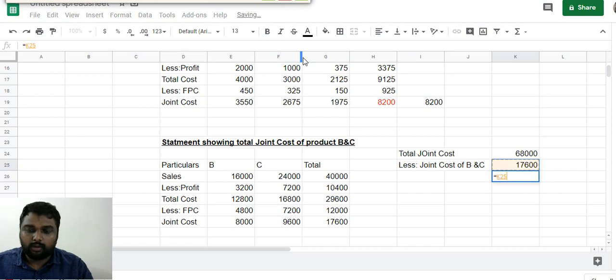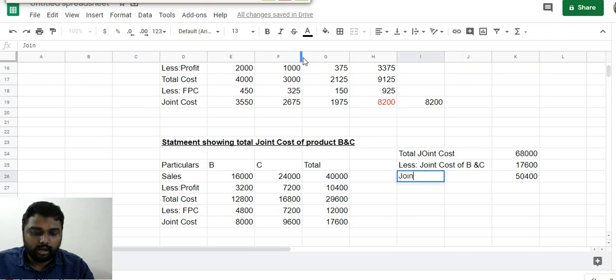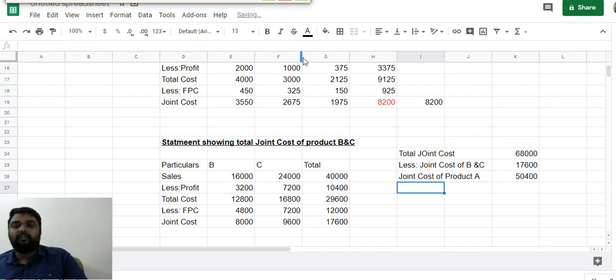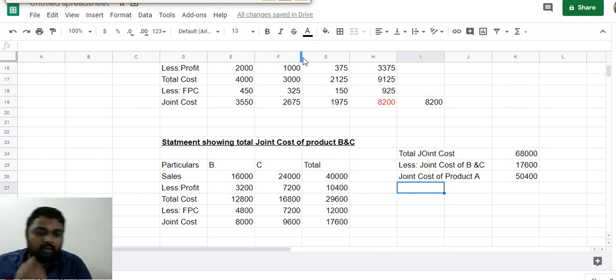So what will be the joint cost of A? Balancing figure. What will be the answer? 50,500. Did you get it? That's all.